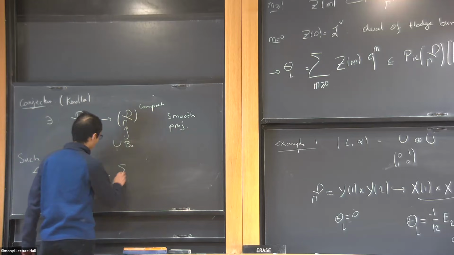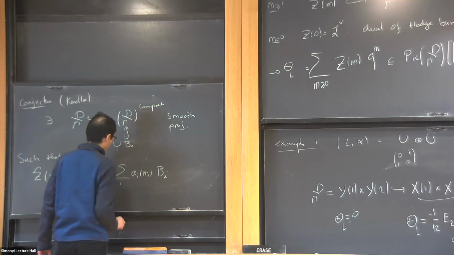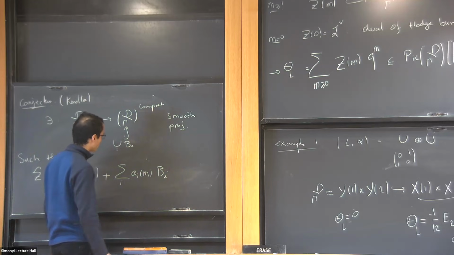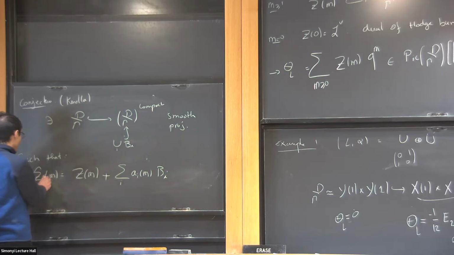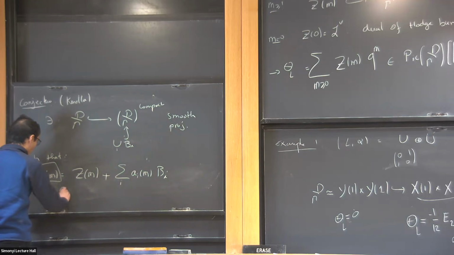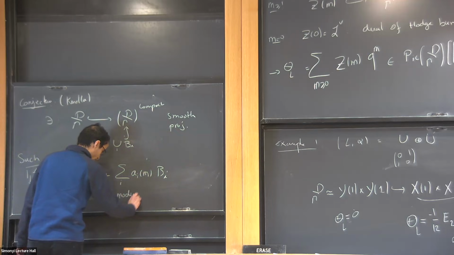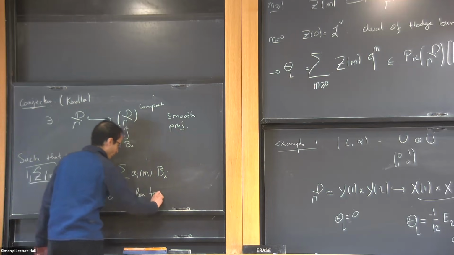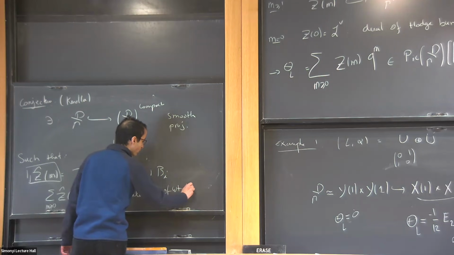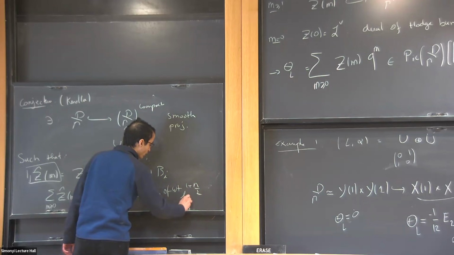So for each i, there's some coefficient a_i(m) times b_i, and the finite sum over these boundary divisors, such that this new cycle, Z hat of m, the generating series of Z hat of m, q to the m, is again a modular form of weight 1 plus n over 2 and some level gamma inside Sp2(C).